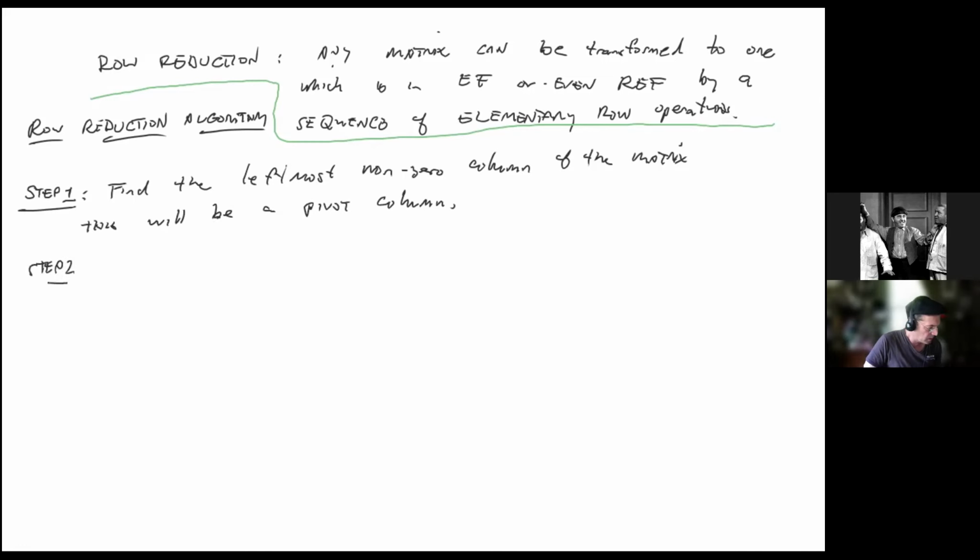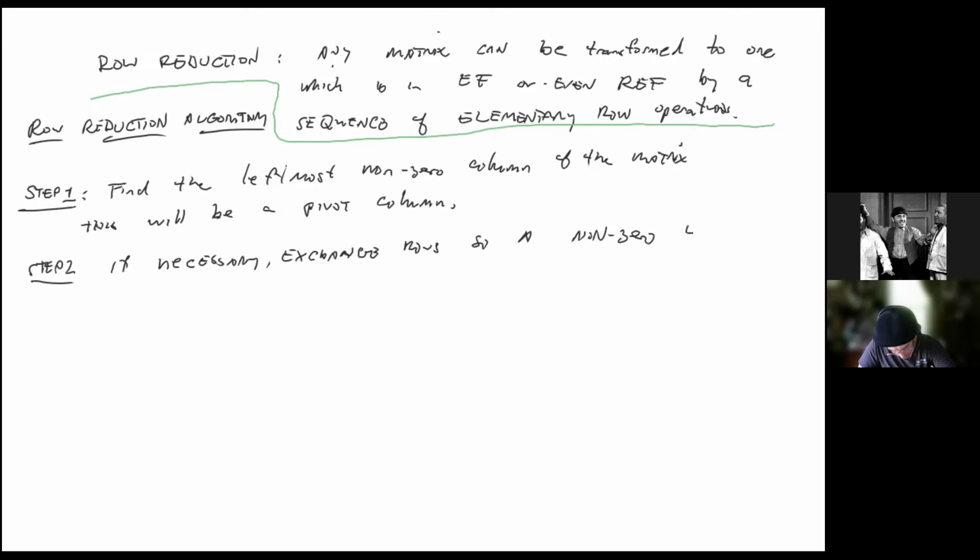Step two. Now, if necessary, you can exchange rows so that a non-zero entry, let me say a, because there could be more than one, in the pivot column that you've identified in step one is at the top, is in pivot position.